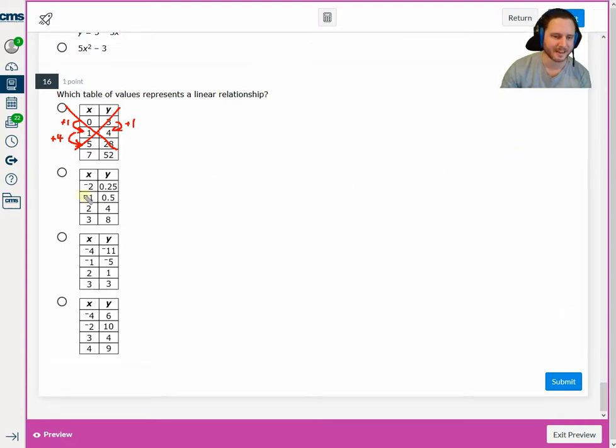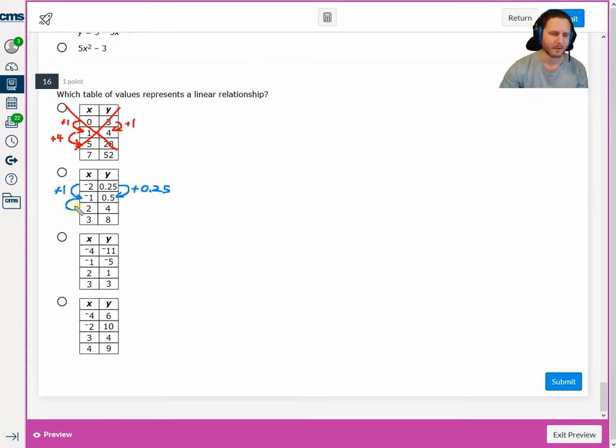Option C, from -2 to -1, looks like we're adding 1 at a time. And on the right side, we went from 0.25 to 0.5, so it looks like we're adding a quarter each time. So for every 1 increase on the left, we only increase the right side by a quarter.